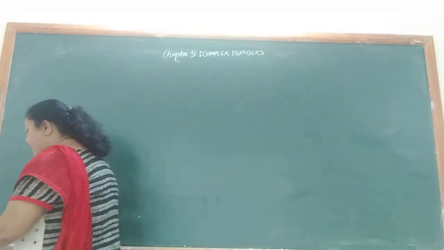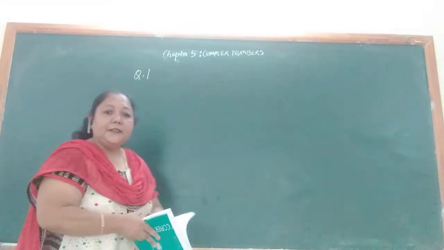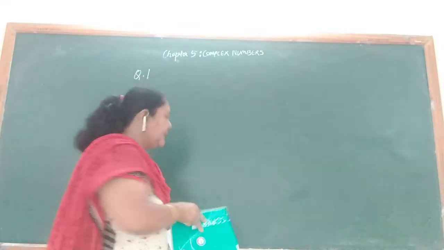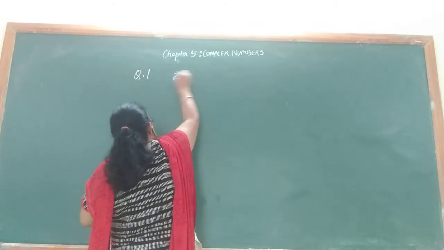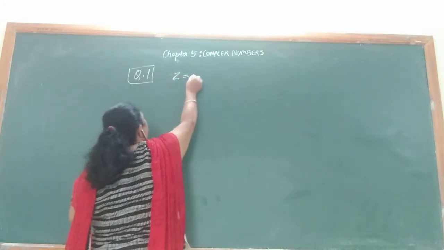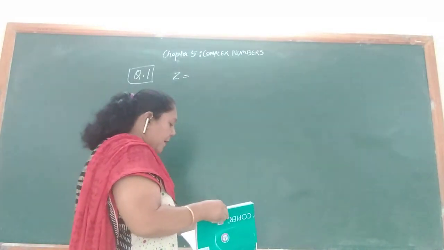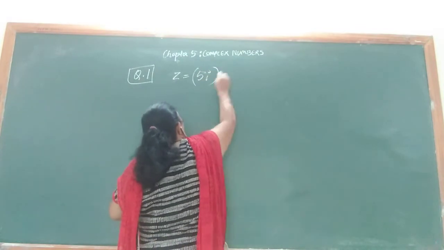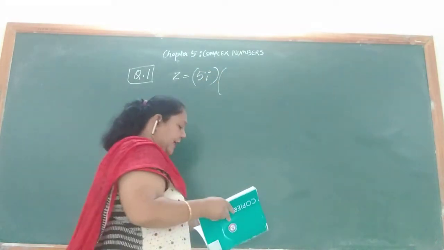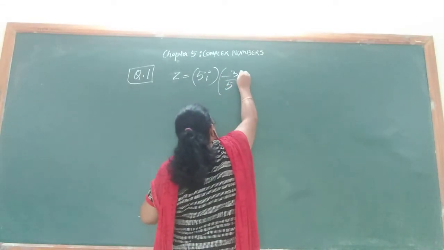Now I have my question number 1. My first question in the exercise is 5i. I write it as z is equal to 5i into minus 3 upon 5i.